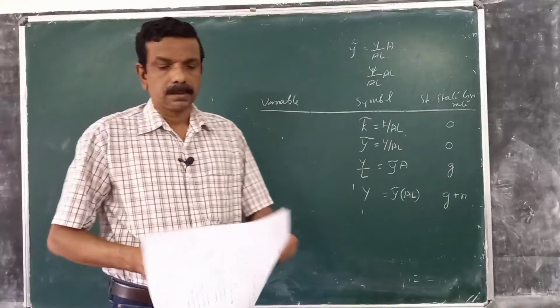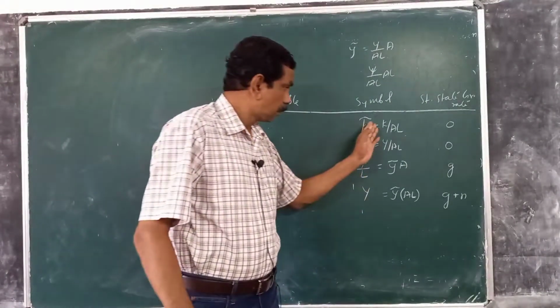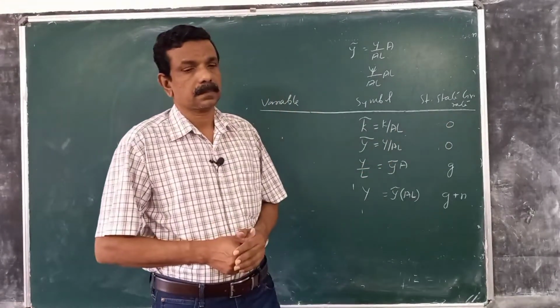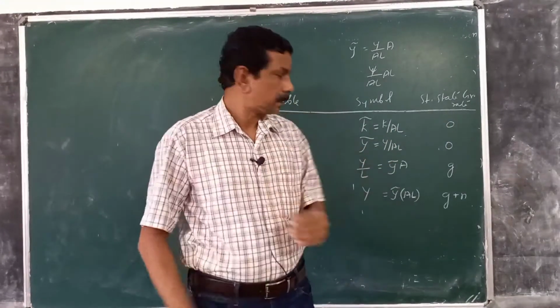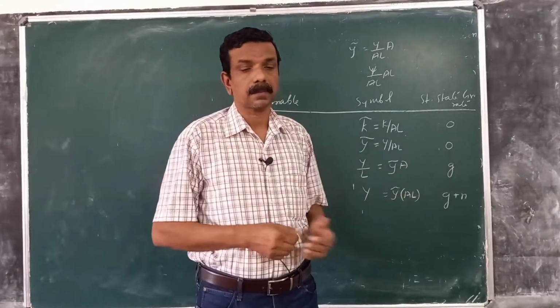So, as you can see here, capital per effective worker is not growing; it is constant. Output per effective worker is also not growing.